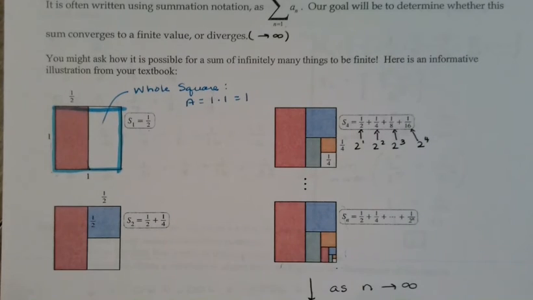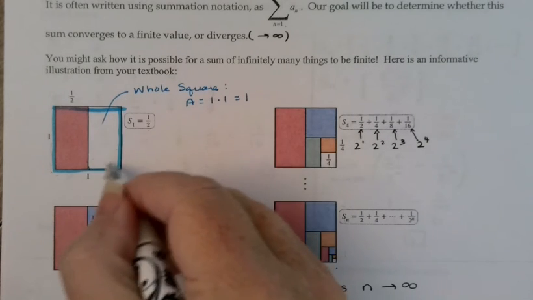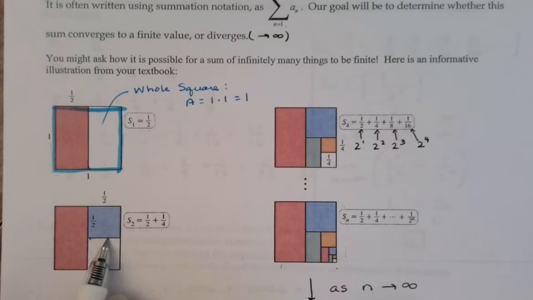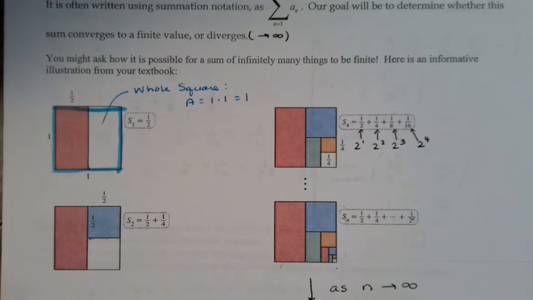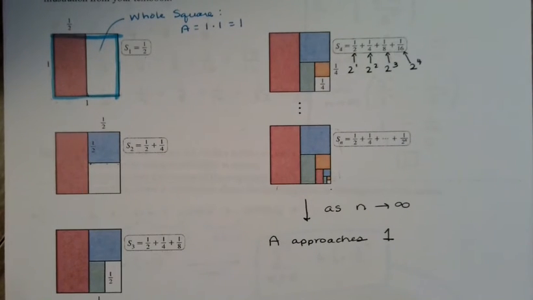To progress, I take the unshaded area, cut it in half, and add that new area. So I still have the 1/2 that we started with, and now I'm adding 1/2 of a half, or a 1/4. That sum I'm calling my second sum, or S2. We'll continue to do this.